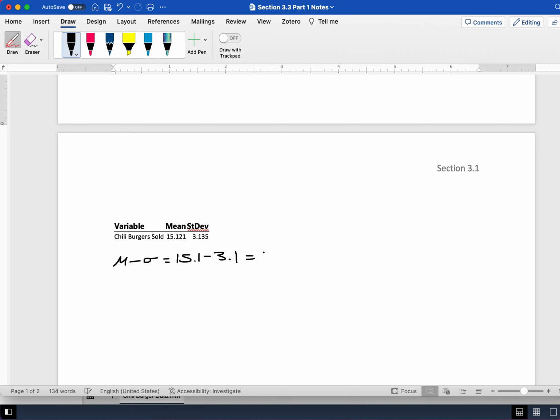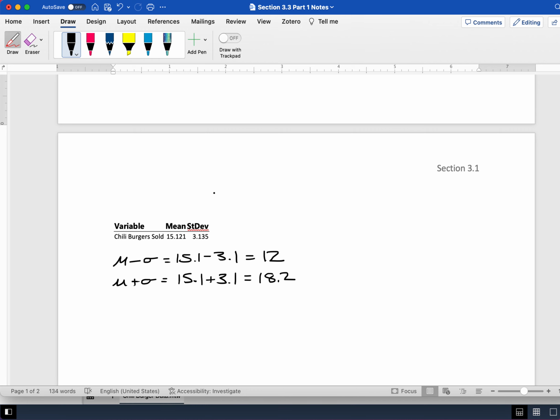So 15.1 minus 3.1 is 12, and then mu plus the standard deviation is 15.1 plus 3.1, which is 18.2. So the question is, what percent of the data in my table fall between 12 and 18.2?